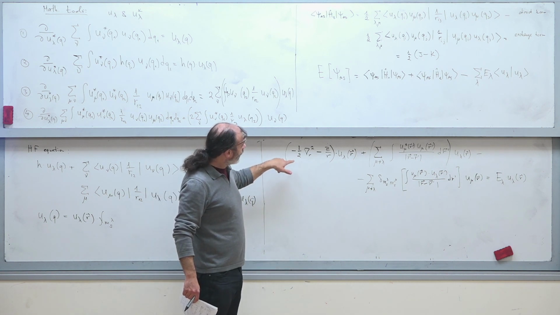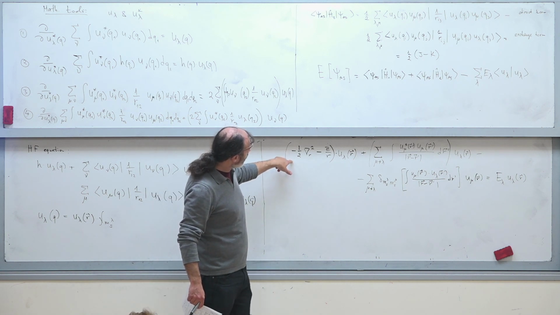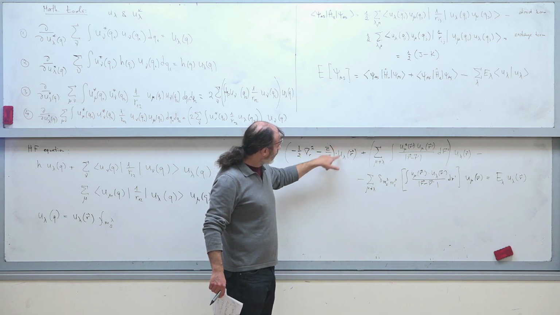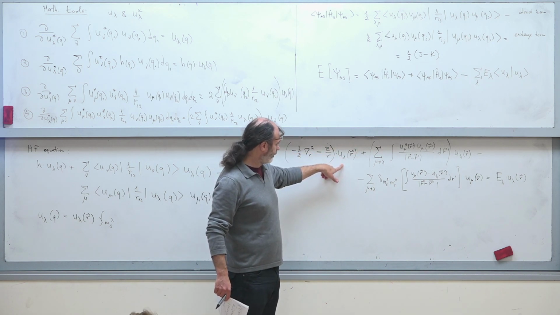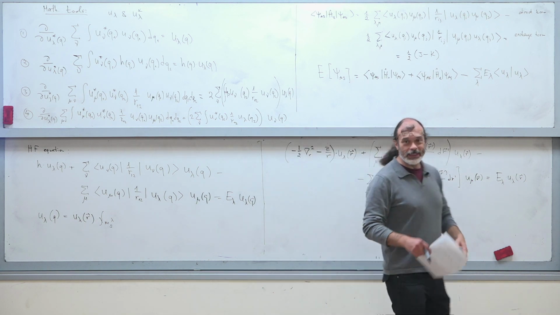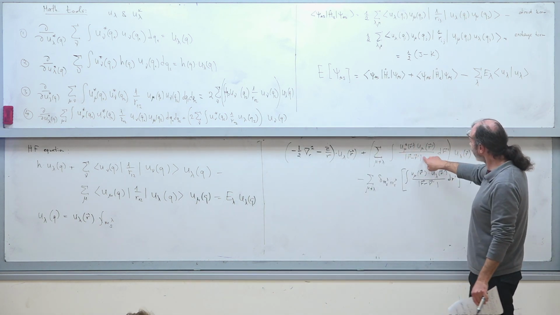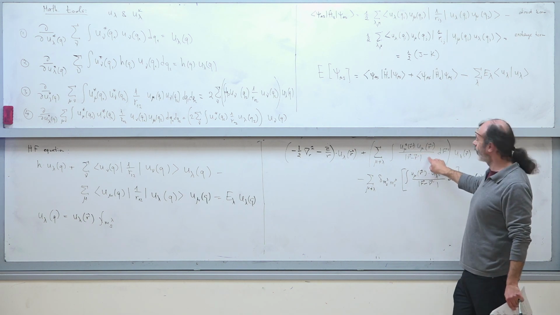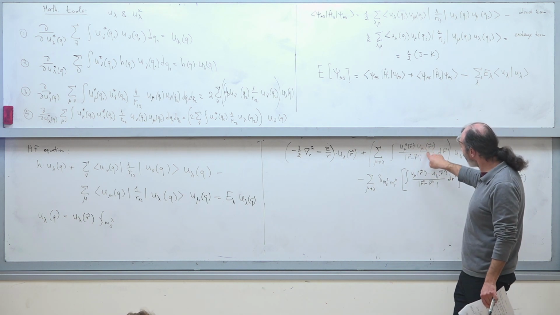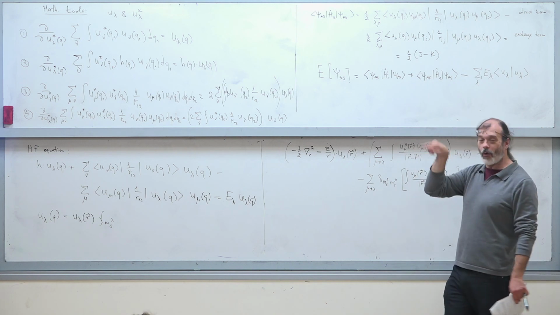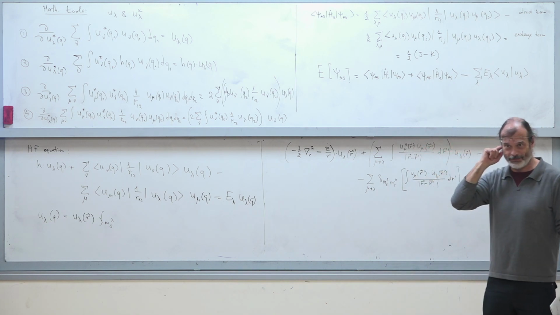But this equation describes only a certain orbital lambda, a certain electron. And here you see that this orbital is now affected by all other electrons, because you have to sum over all other orbitals where the electrons are.